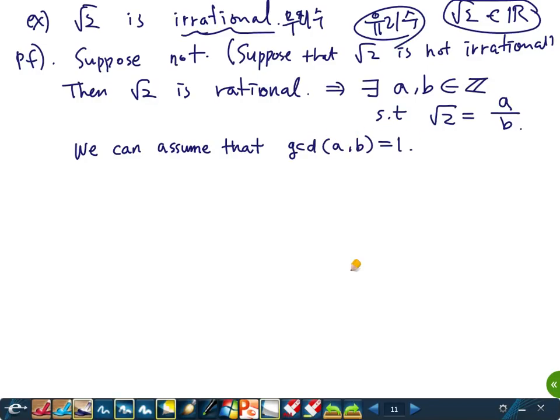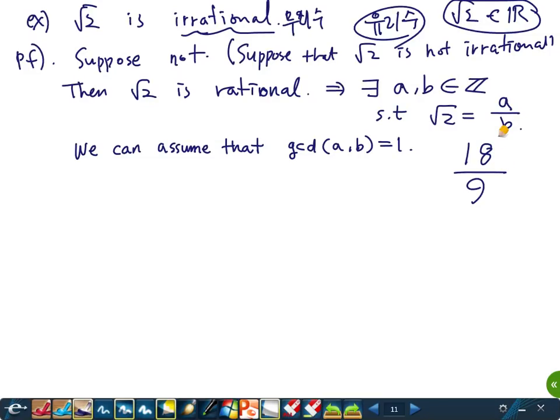They don't have any common factors. Why can we assume this? So for instance, we can assume that it's not something like 18 over 9. We can assume that a and b are not of this form.